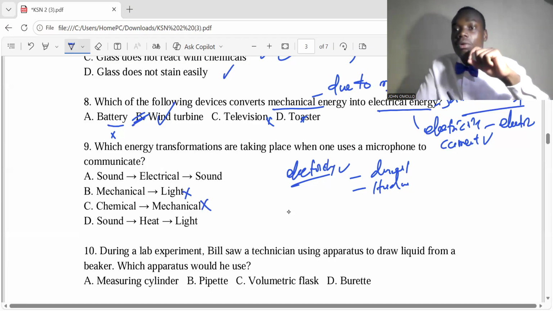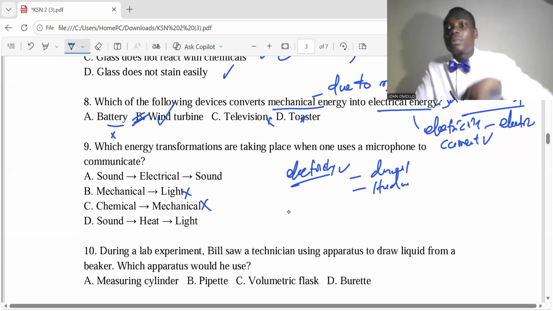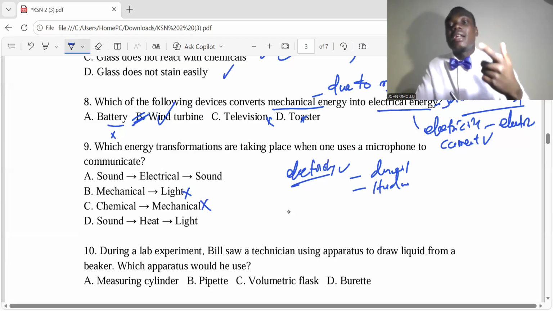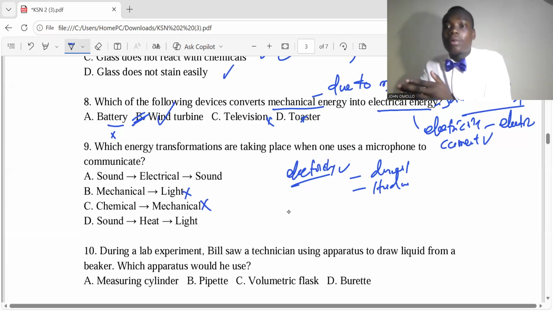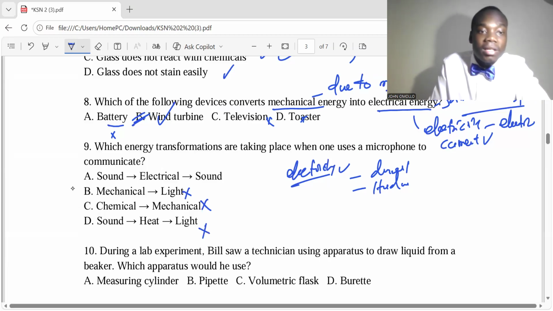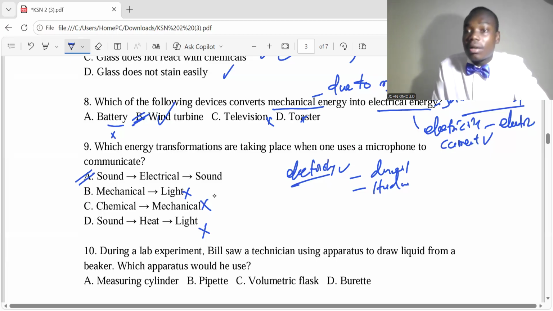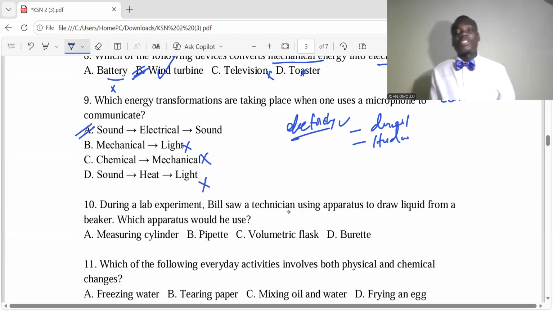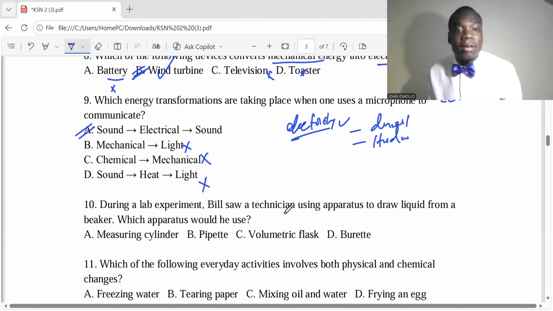The information we have communicated must be transformed and produced at the end. When it is produced at the end, we are going to hear it again as a sound. So the end product is sound energy. Where we don't have that, we put an X. So the right answer is choice A: sound energy being transformed to electrical energy and then later on sound energy. That is the kind of energy transformation when one communicates via a microphone.